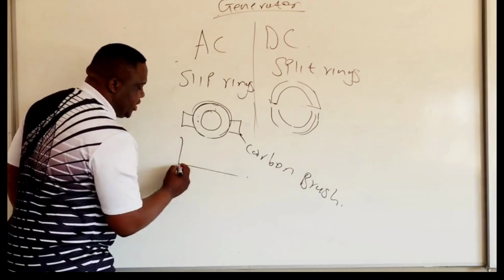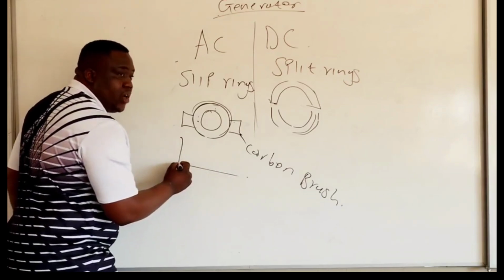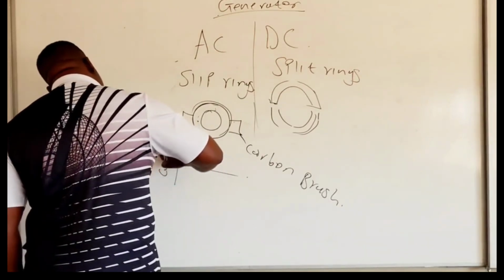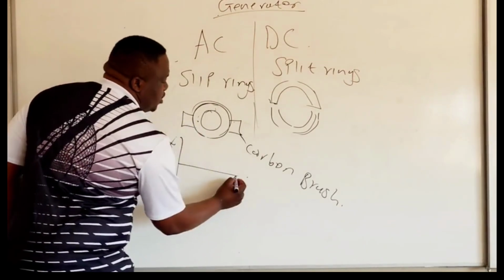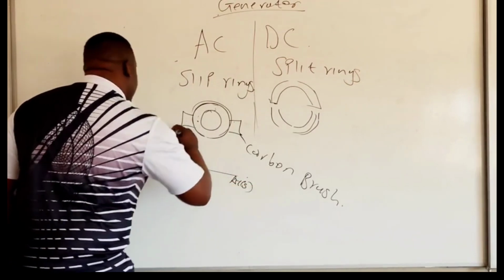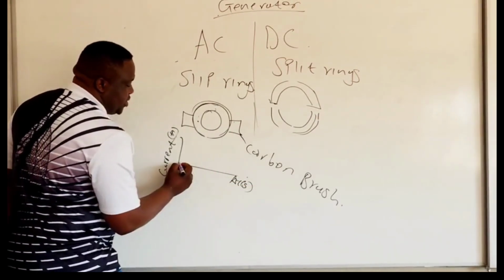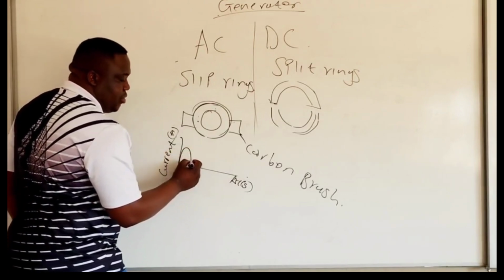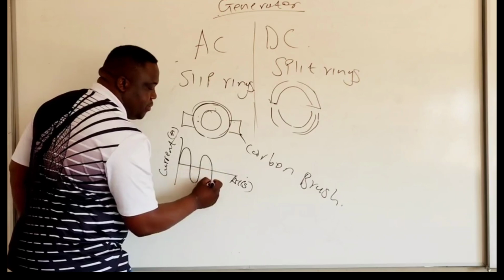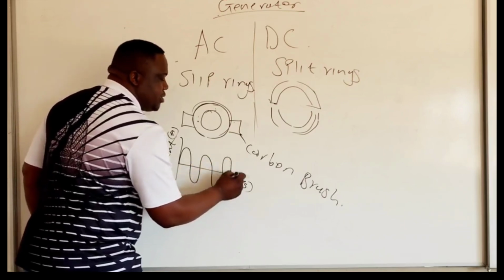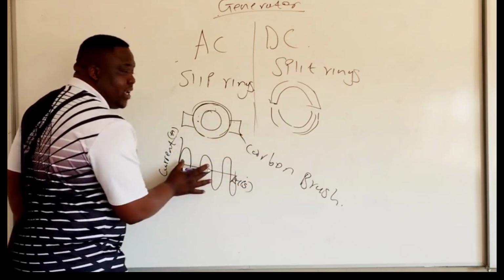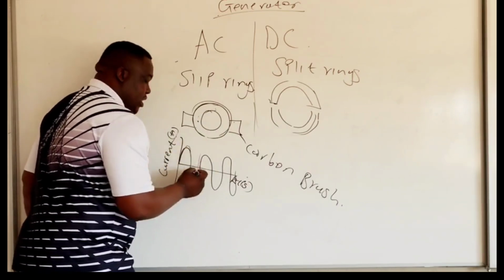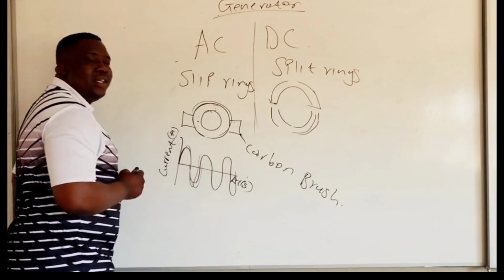If we were representing this on a graph, current will be on one axis and time in seconds on the other, with current in amperes. It means that for the slip ring, current is going to move up, come down, move up, come down, just like that, because the current is alternating.